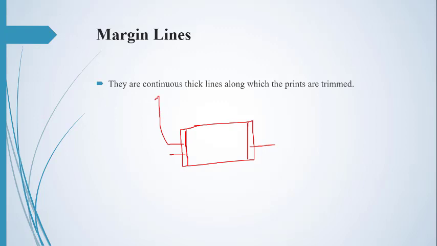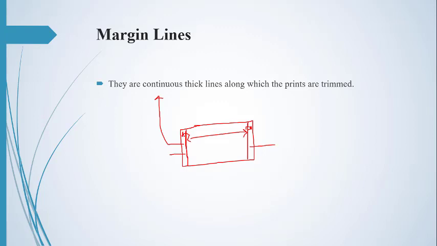So these are the margin lines. They are continuous thick lines along which prints are trimmed. This is the final extent. Up to this extent we print the drawing on the sheet. Beyond these sides, in these areas, the drawing should be excluded.